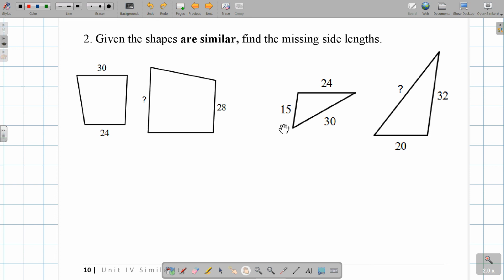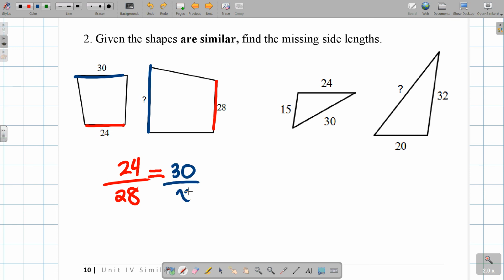Here, given the shapes are similar, find the missing side length. So match and mirror. Match and mirror. I'm going to go short side to the short side, 24 to 28, equals longer side to longer side. Right. Notice that, cross multiply.